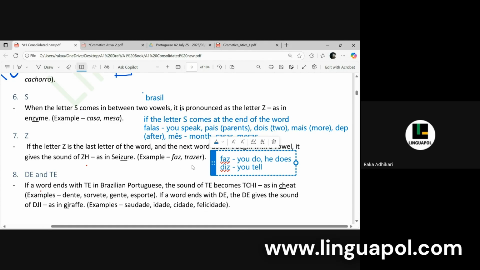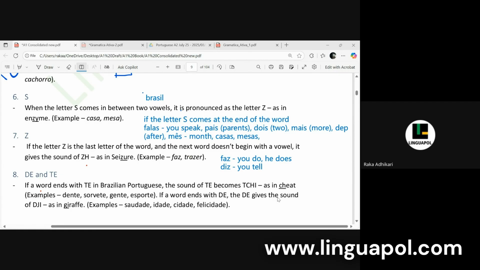But in normal words, like you can see here, we have the word trazer. So Z is coming here in the middle of the word, so it has the default sound of the letter Z. But in the words where it is ending with the letter Z itself, then we have the J, soft sound. This is clear to everyone? Okay.